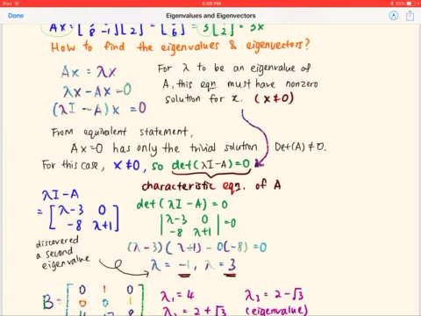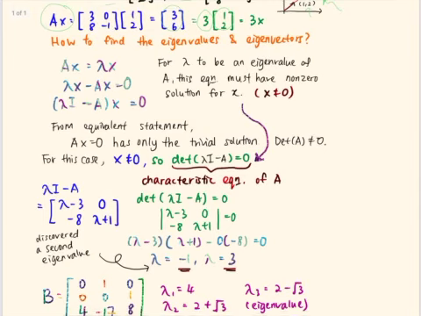Now we want to know how to find the eigenvalues and eigenvectors. This is derived from AX equals lambda X, where you move the AX to the other side and factorize out the X vector. So this should be lambda identity minus the A matrix. For lambda to be an eigenvalue of A, this equation must have a non-zero solution for X, because if X is 0, there's no point, you wouldn't be able to find lambda.